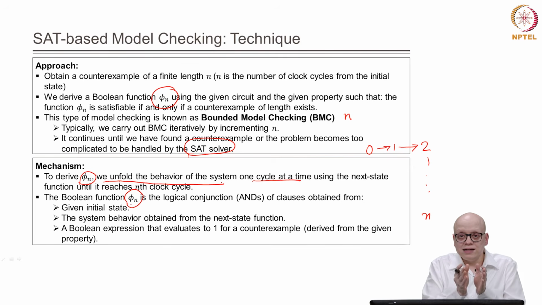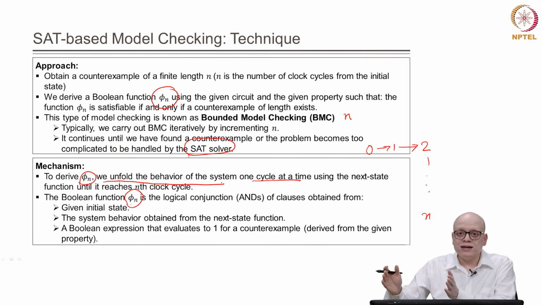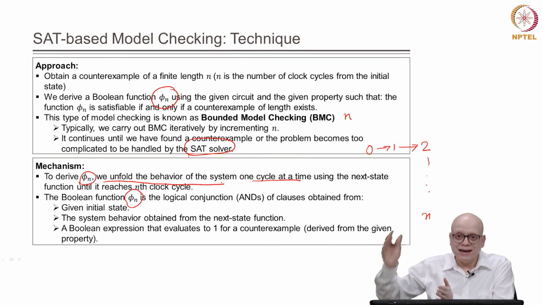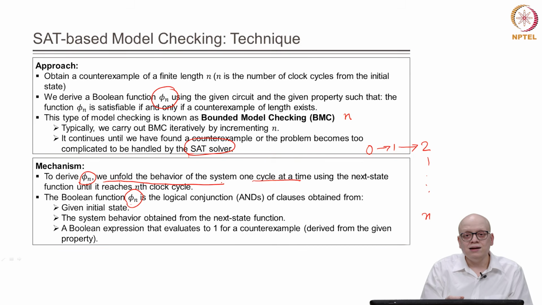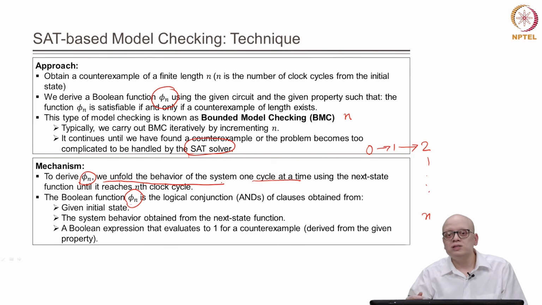So, given the state and the evolution of states using the next state function up to n clock cycles, and the given Boolean function, it will formulate phi n and then invoke the SAT solver to see whether it is satisfiable. If it is satisfiable, we have found a counter example.